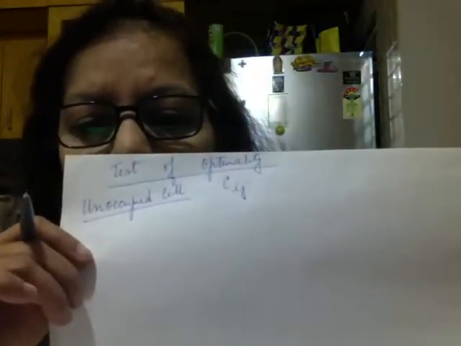The first column you write is unoccupied cell. Next you write C to the base ij.